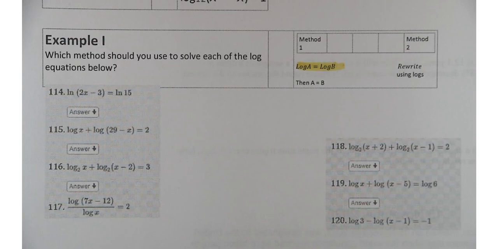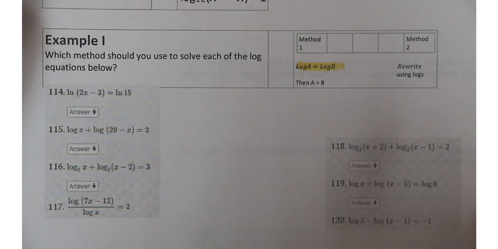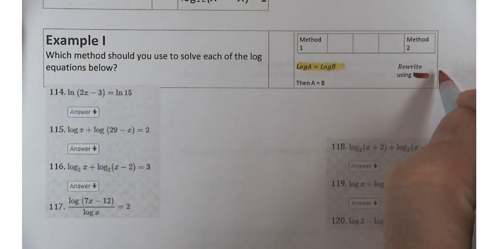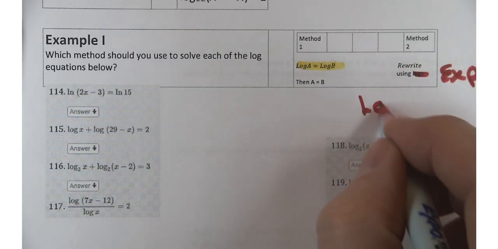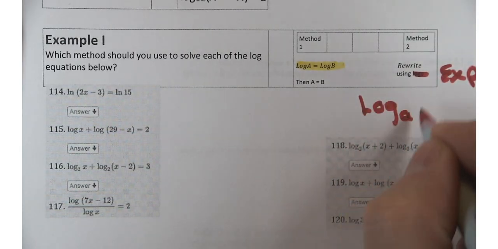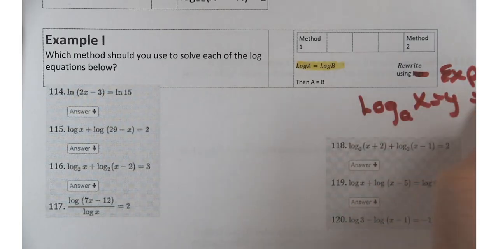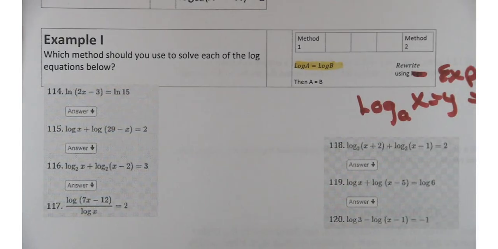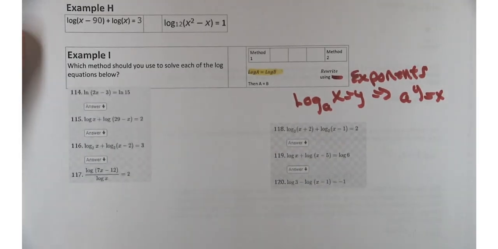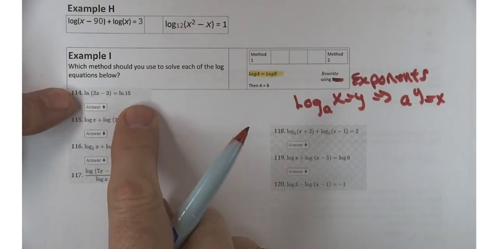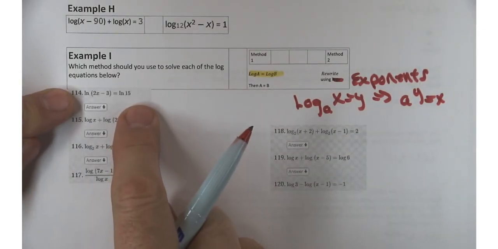Method 2 problem is where you're going to rewrite using exponents. So that's when you have log base A of x equals y, and you rewrite it as A to the y equals x. My question to you is, what type of problems are these? Let's just do it together real quick and knock it out.